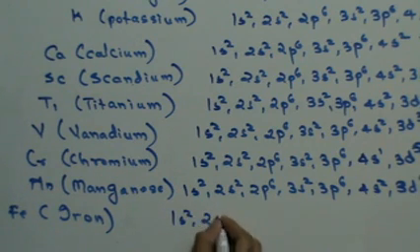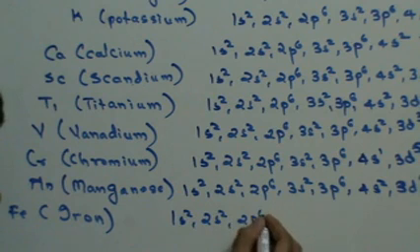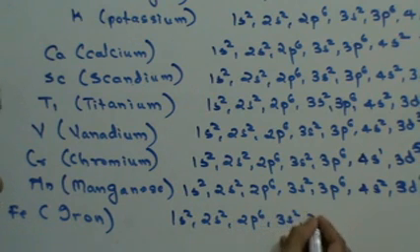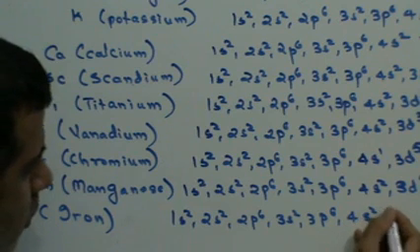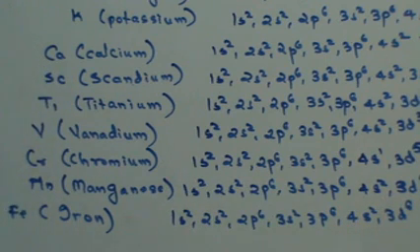1s2, 2s2, 2p6, 3s2, 3p6, 4s2, 3d6. Right? After iron, then you have cobalt.